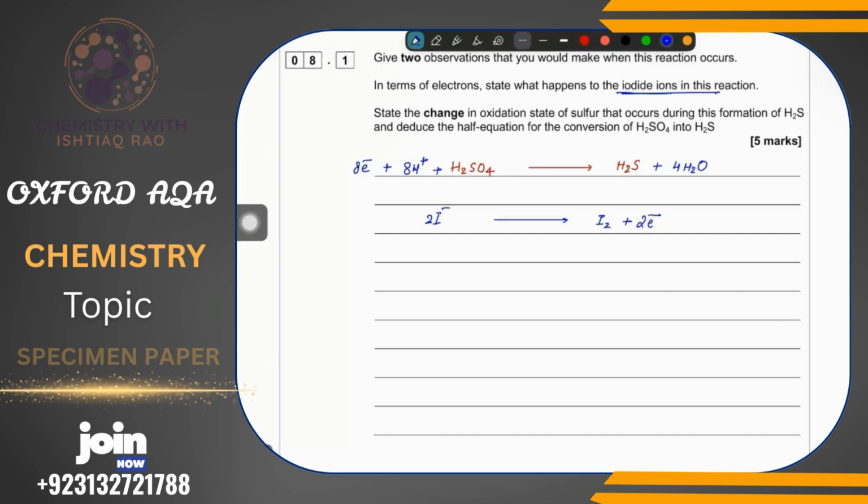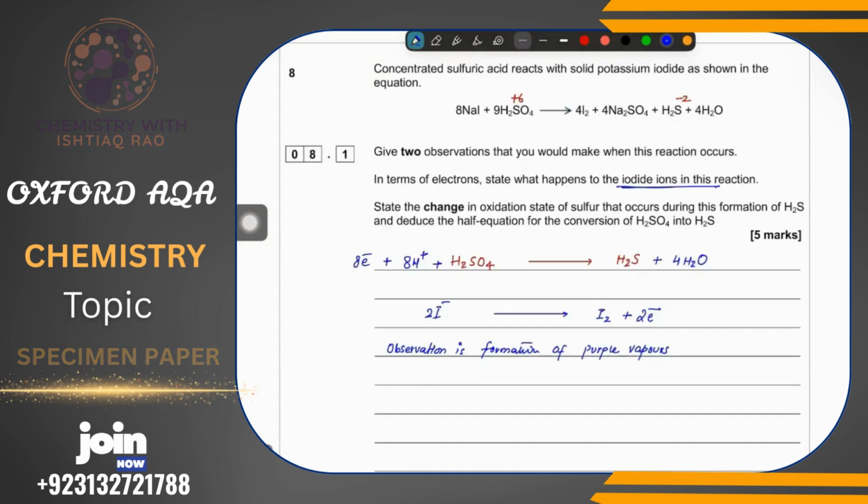Or, the formation of iodine is blue-black as well, purple vapor when it's in the form of gas. So I can see the purple vapors of iodine. Purple, right.